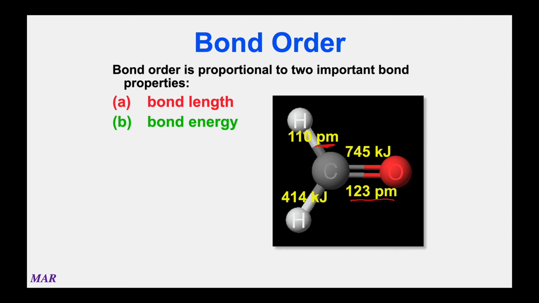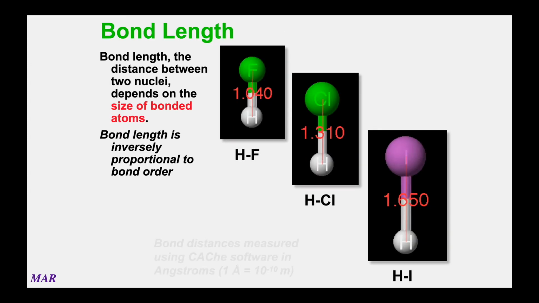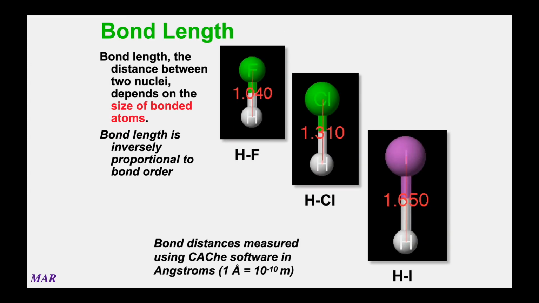We're going to see that bond order can be related to both bond length and bond energy, which is pretty cool. When it comes to the bond length, bond length is inversely proportional to the bond order. So what that means is as bond order goes up, the bond length goes down. Or if your bond lengths are getting bigger, your bond order is going down. And that's kind of a cool thing to know.